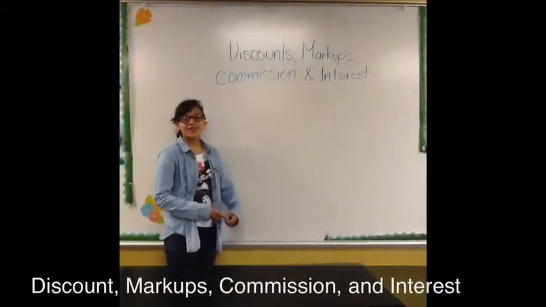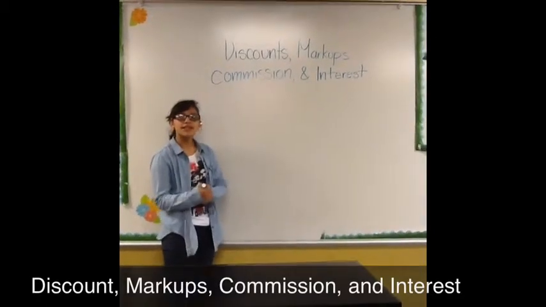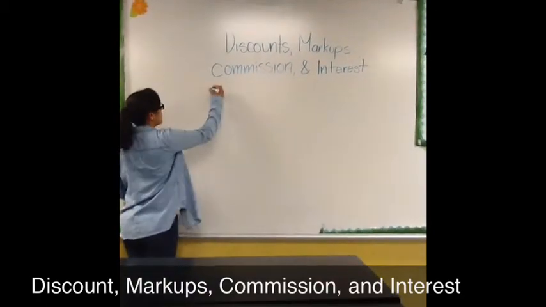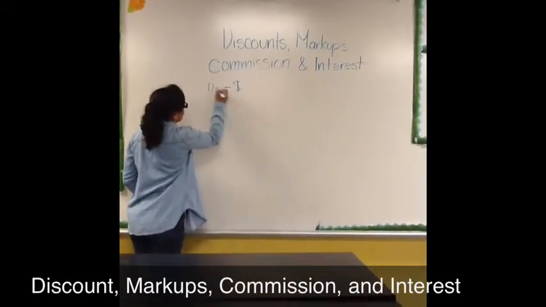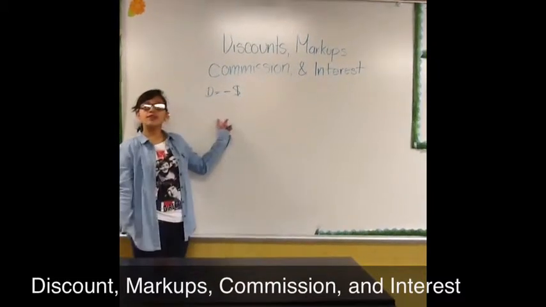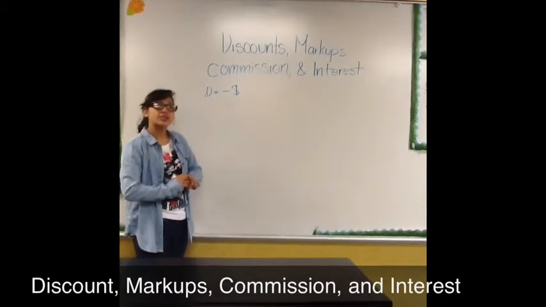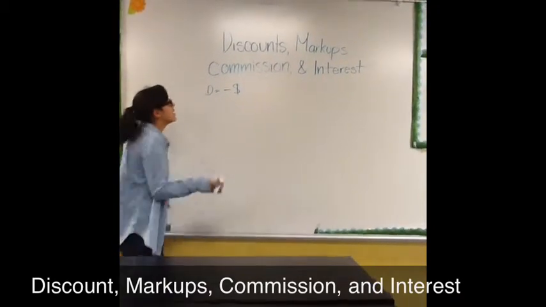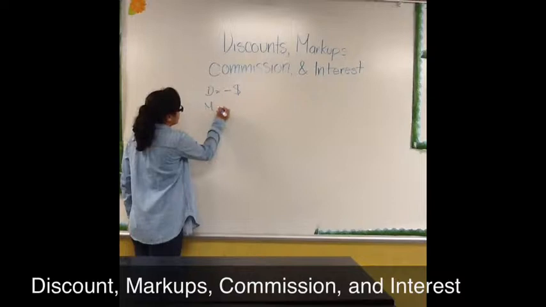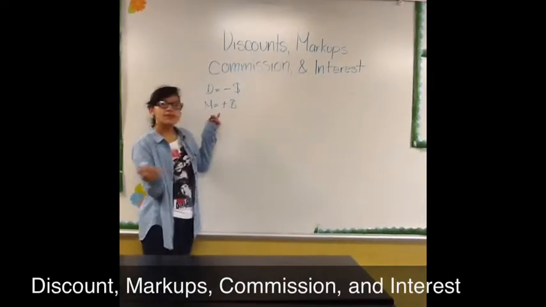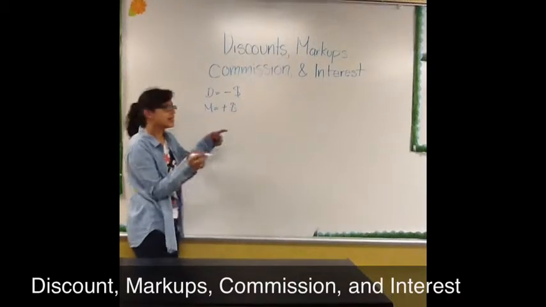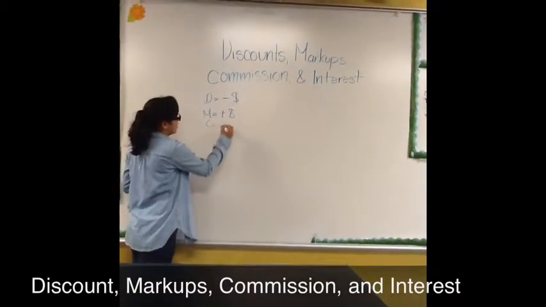Our next lesson is going to be discounts, markups, commission, and interest. Discount represents a reduction of the price. In other words, it's the amount that's subtracted from the original price. Markup represents an increase in the price. Commission represents the amount of money earned.